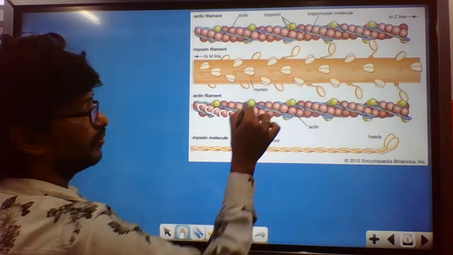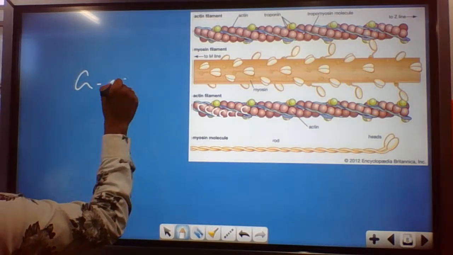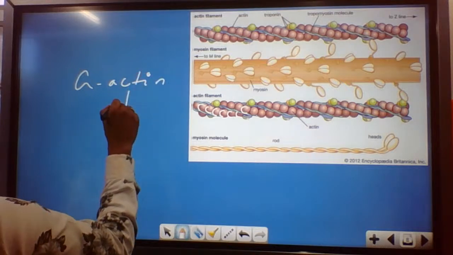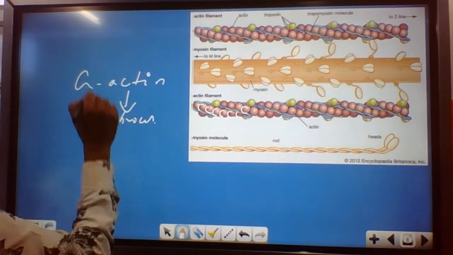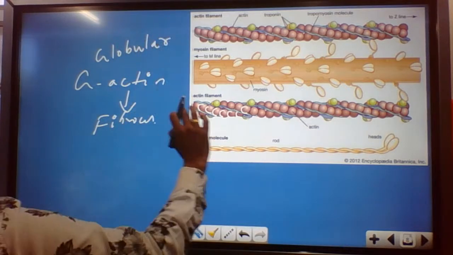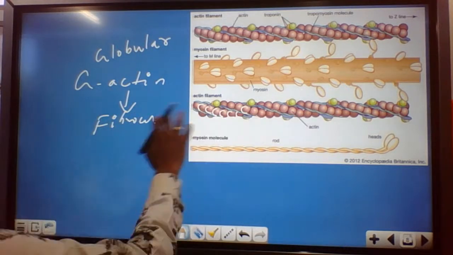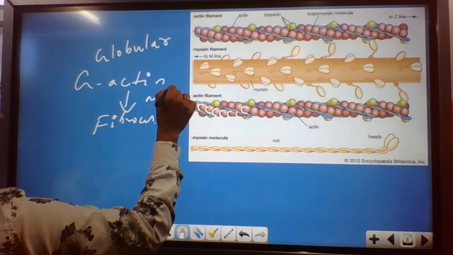I'm talking about the actin part. This I call G actin, globular actin. It gets converted into a fibrous protein in the presence of magnesium ions.